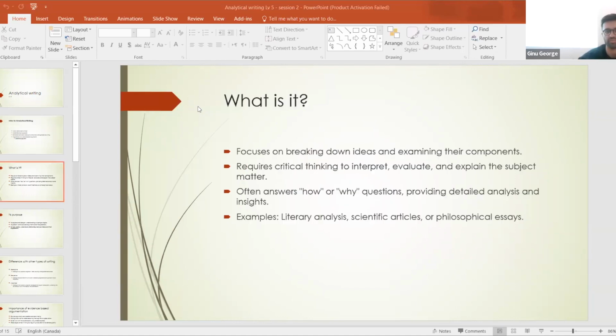Okay, so what is it? What is analytic writing? Do you guys have thoughts about that? What comes to mind when you hear analytic writing? Well, okay, what do you remember last time we spoke about not using a term to define a term that you're trying to define, right?